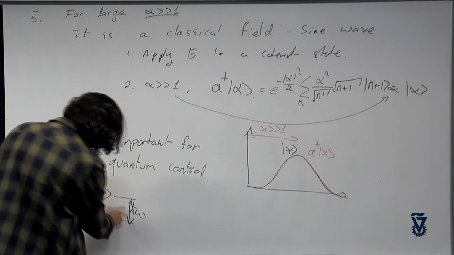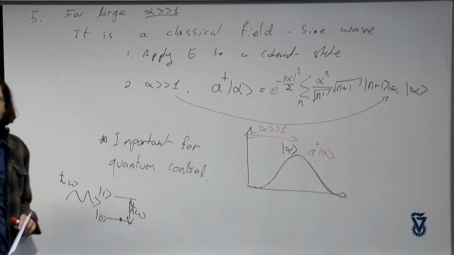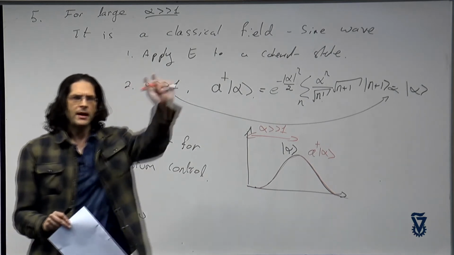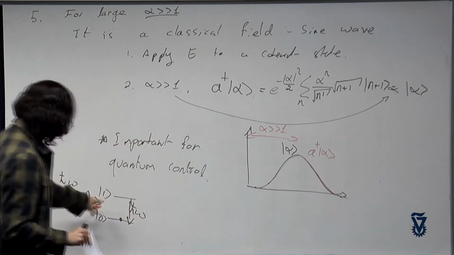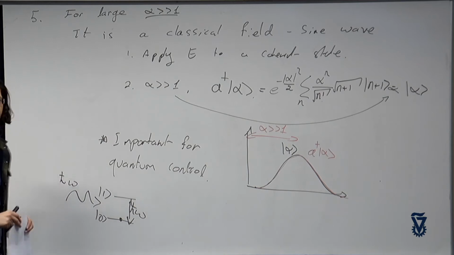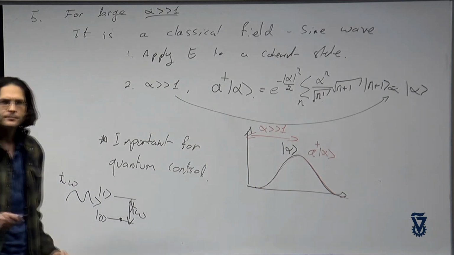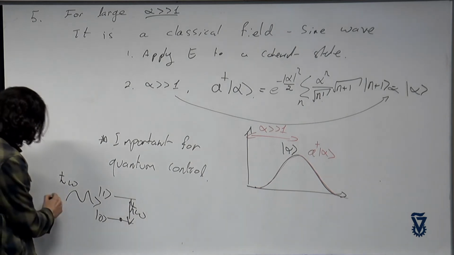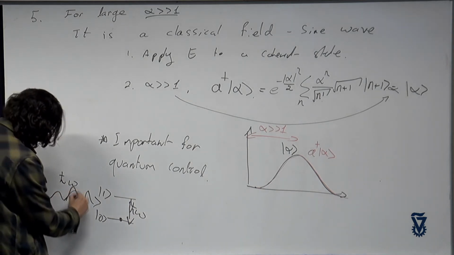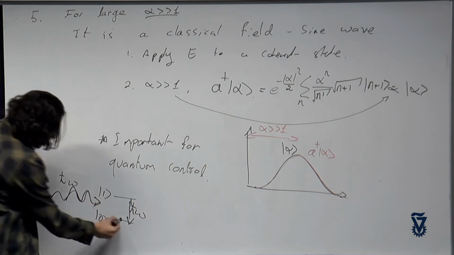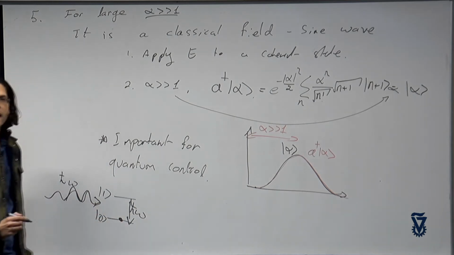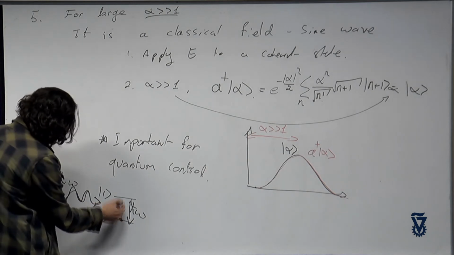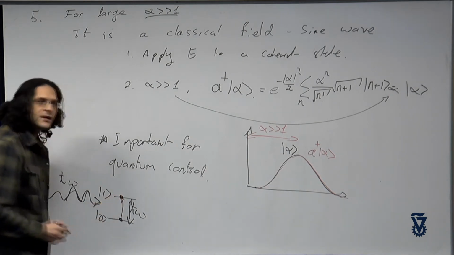Now suppose that you have this two-level system with h bar omega, and it's situated right here in space. There it is. And now you send a single photon packet. What would happen if I send a single photon packet at h bar omega? If my two-level system is in the ground state, it will absorb the photon and go to the excited state.